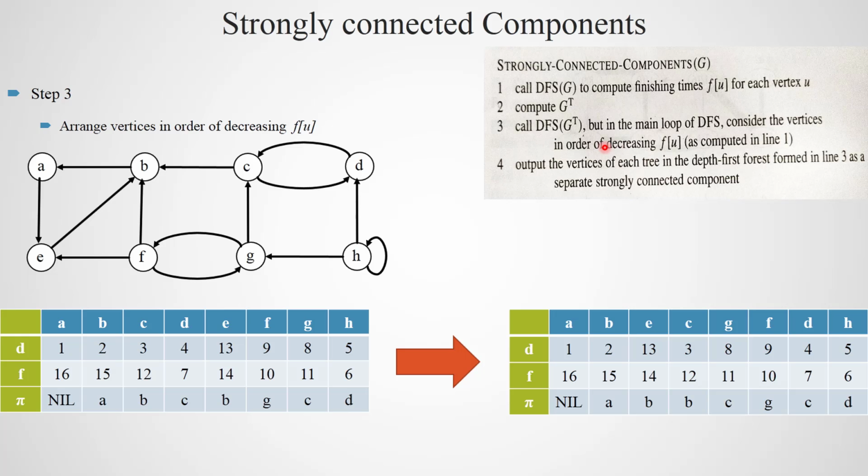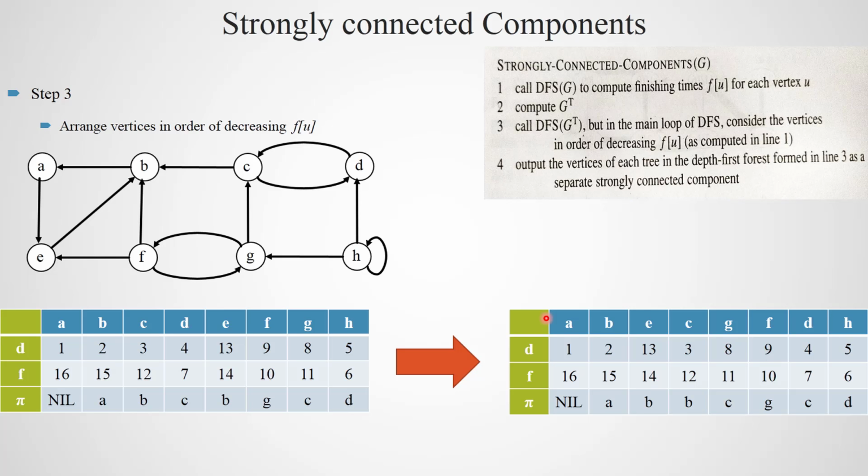But here, when we run DFS on the transpose of G, we have to consider vertices in order of decreasing f of u. This table is the same as in the previous slides. So I just arranged the vertices in order of decreasing f of u. If you notice, the f values are decreasing: 16, 15, 14, up to 6.